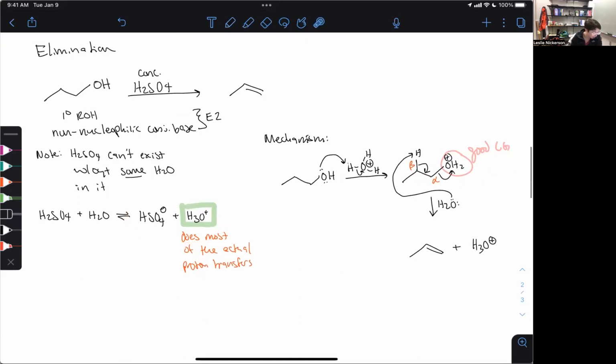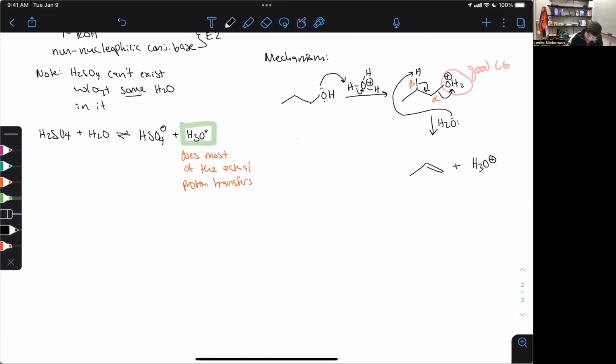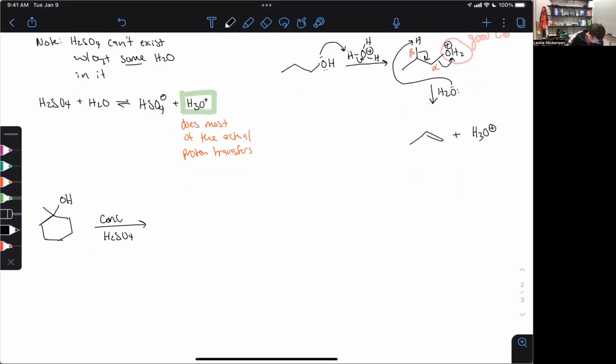All right, so let's look at what we get when we do it with a secondary or tertiary alcohol. So let's do this same substrate. We're going to throw the concentrated sulfuric acid in. Okay, so in this case, I've got a tertiary alcohol and our non-nucleophilic conjugate base.